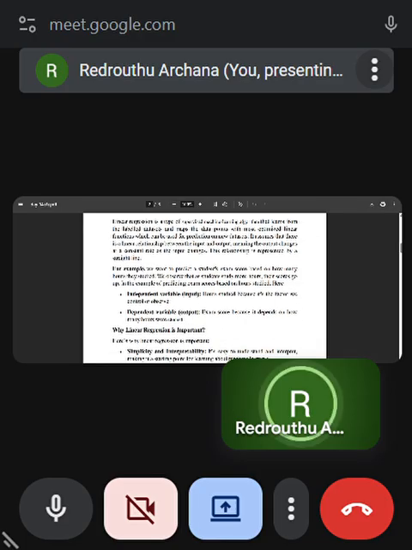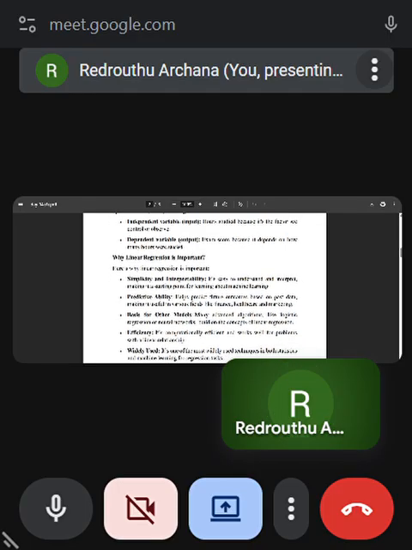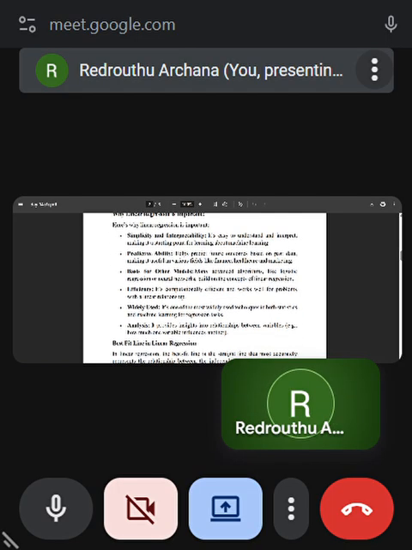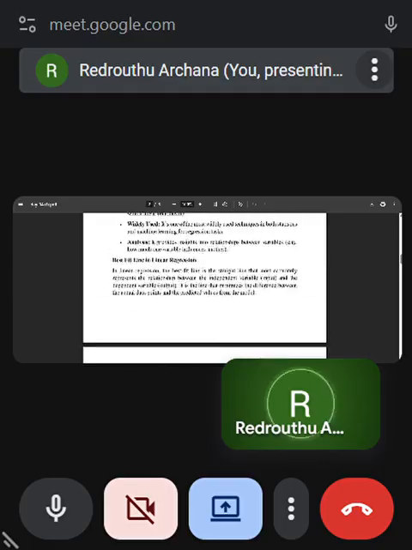Linear regression is a supervised learning algorithm that learns from labeled data, as we saw in the previous one, where supervised learning is based upon labeled data. It tries to draw the best possible straight line through data points. The straight line represents the relationship between the input and output. Basically, as the input changes, the output changes in a predictable linear way.